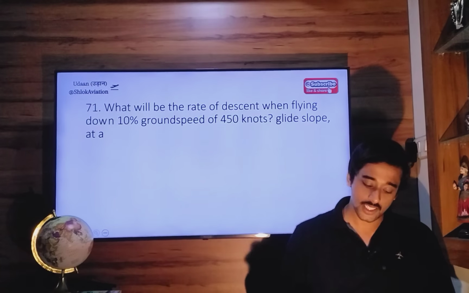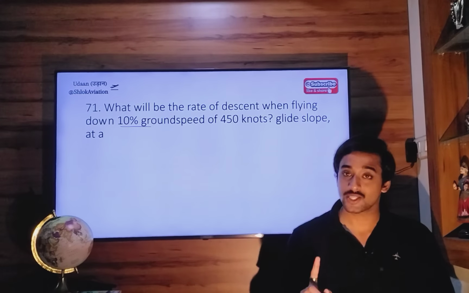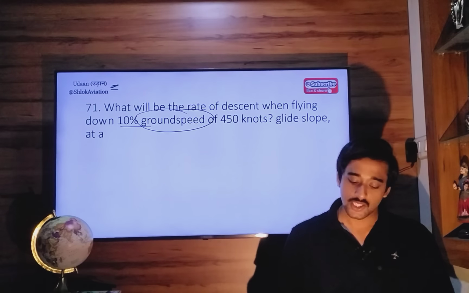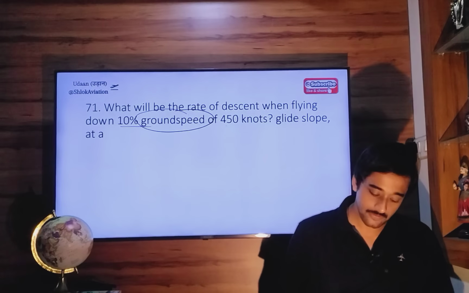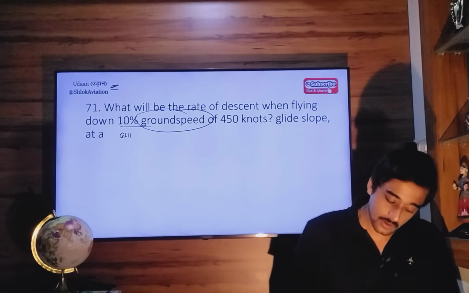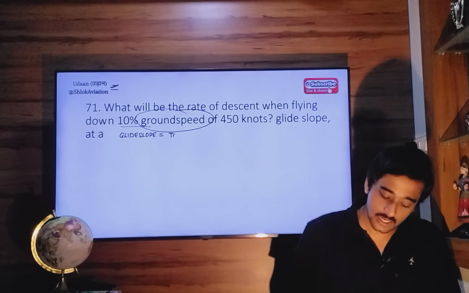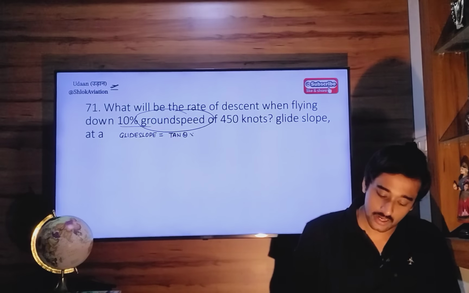What will be the rate of descent when flying down a 10% glide slope at a speed of 450 knots? Our formula: glide slope in terms of percentage equals tan theta into 100.